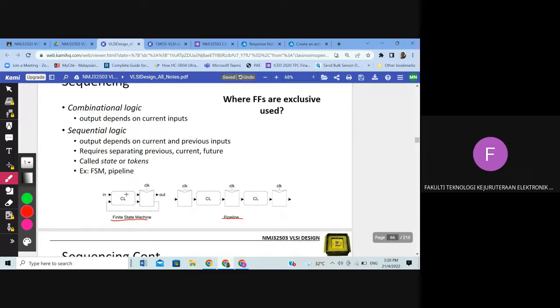These two are examples of sequential circuits. We have CL, or combinational logic, here, and also a flip-flop here. This gives a sequential circuit, what we call a finite state machine.